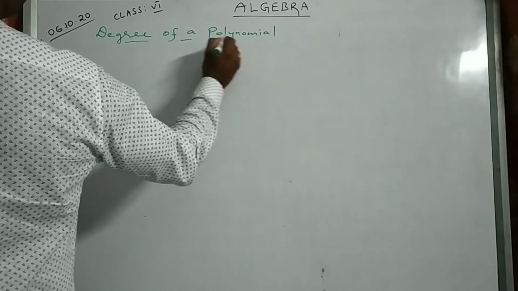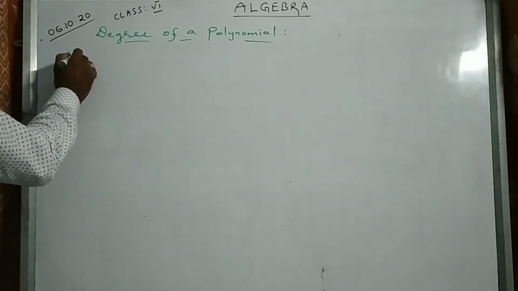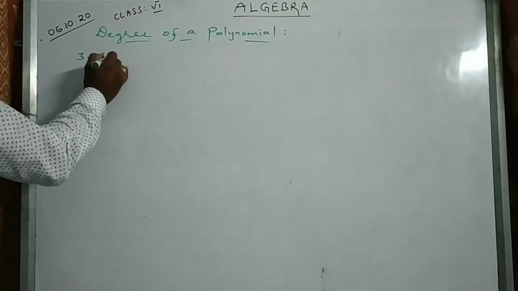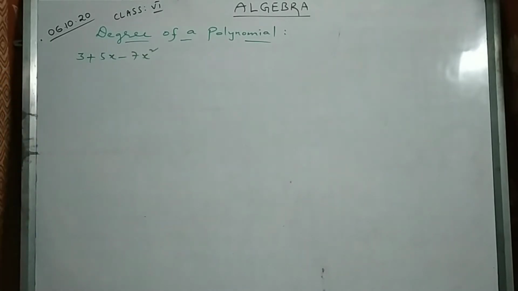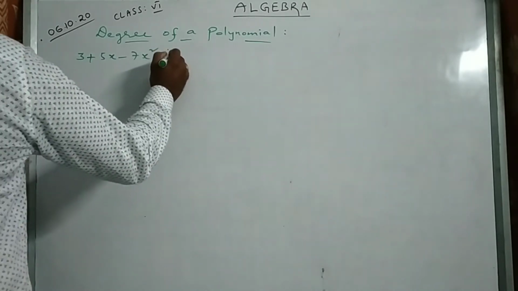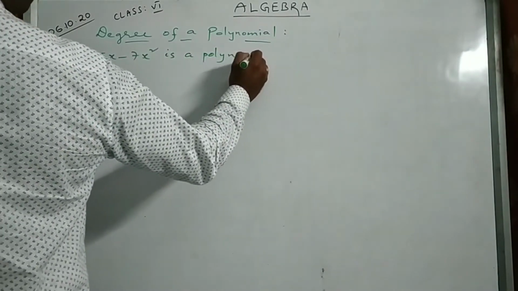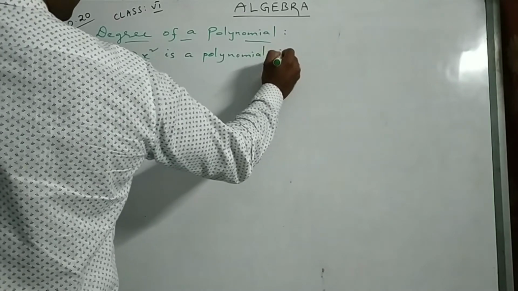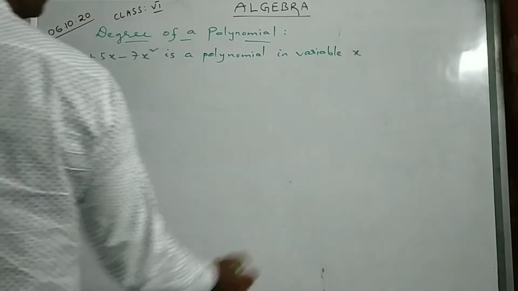So when we are given a polynomial, for example, 3 plus 5x minus 7x square. How do we write that? 3 plus 5x minus 7x square is a polynomial in variable x.